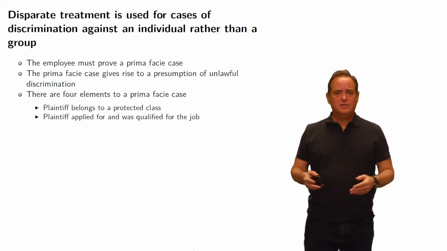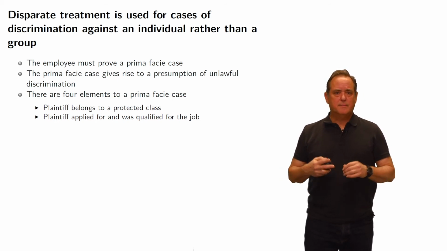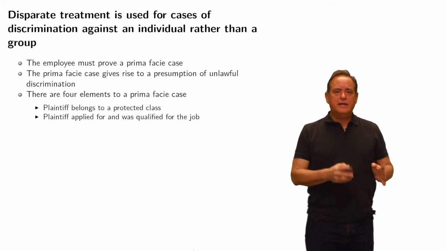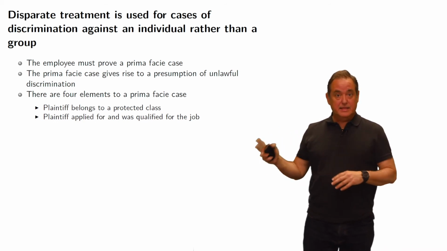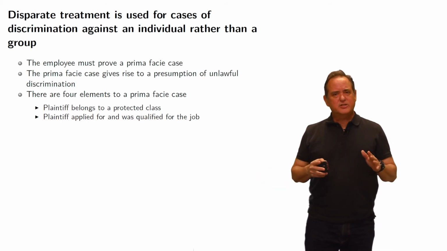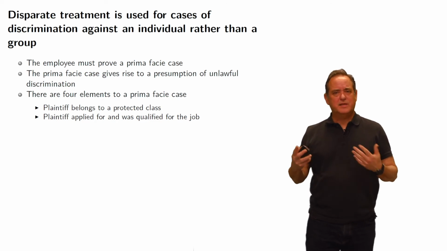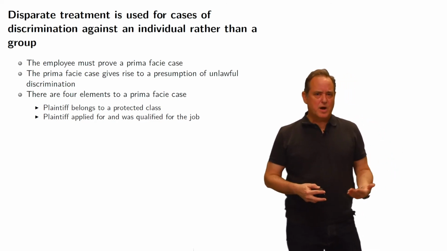So say you have a job and it requires a bachelor's degree. According to the law, anyone who has a bachelor's degree, no matter where it's from, how long ago it was granted, is qualified to apply for that job. So qualification, don't get confused with the idea that they were the best qualified. It simply shows they met the minimum requirements for the job.